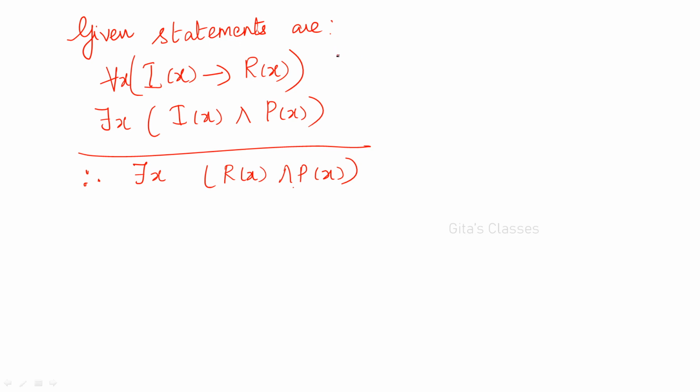So this is our premise 1, premise 2 and this is our conclusion. Let us introduce all the premises one by one. First, let me introduce the first premise: for all x, I(x) conditional R(x).